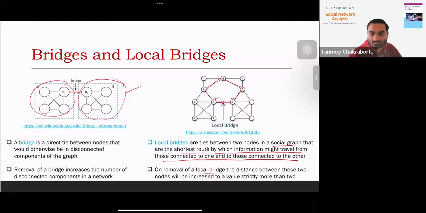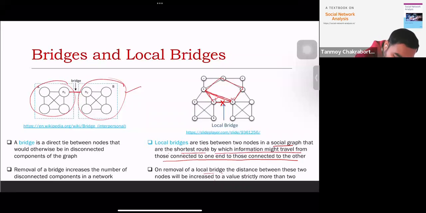Why strictly more than 2? Let's assume that there is a connection like this. If you break this connection, now the distance between A and B is 1 and 2. So this is the threshold.